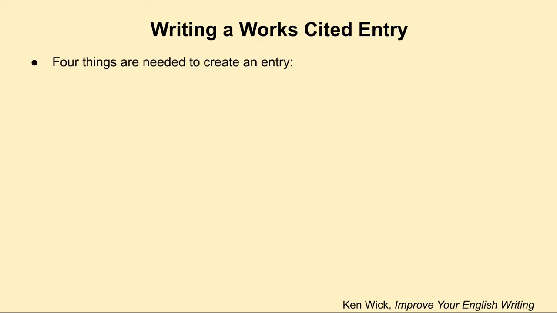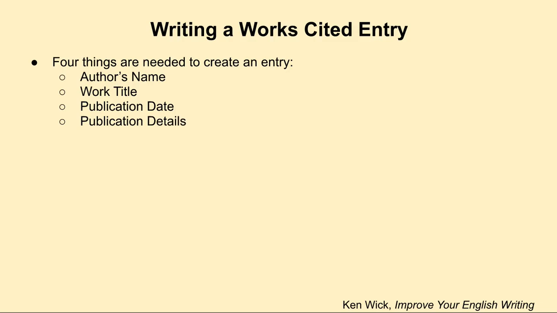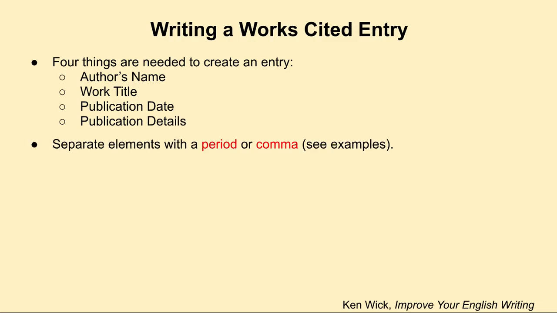There are 4 things needed to create a works cited entry. You always need the author's name, the work title, and the publication date, and then the publication details. All these various items, we'll just call them elements.